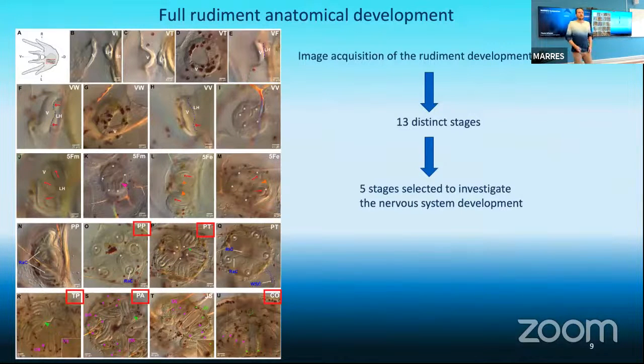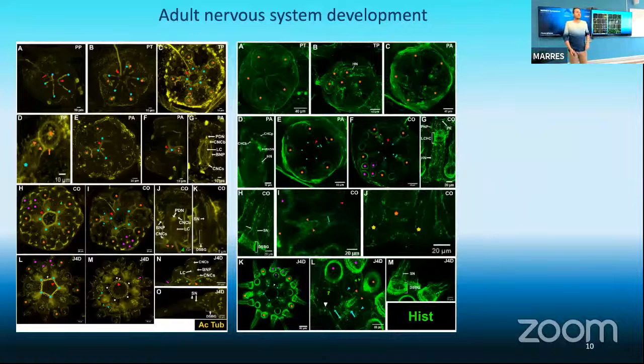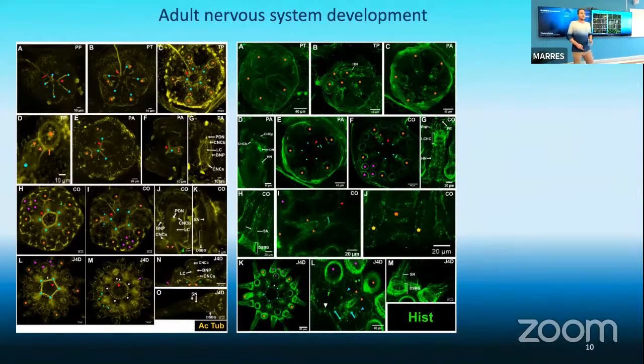So speaking of adult nervous system development, here is the first result that we obtained with the acetylated tubulin. Just a quick note, the acetylated tubulin has been previously used with the juvenile neuroanatomy characterization. And after, we have the results with the histamine that has never been performed before on the adult nervous system of Paracentrotus lividus.